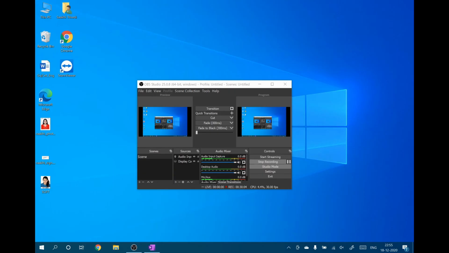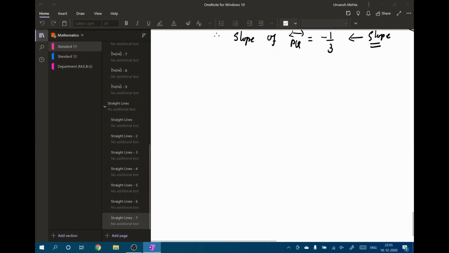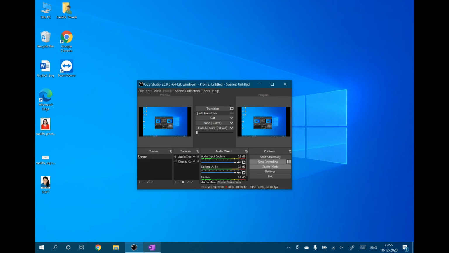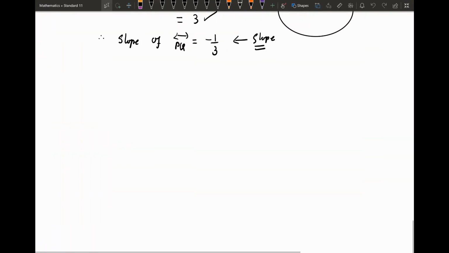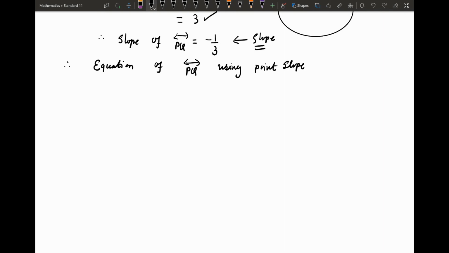Therefore equation of line PQ using point slope form: y minus y1 equals m into x minus x1. y minus 3/(n + 1), slope is minus 1 by 3, x minus x1.